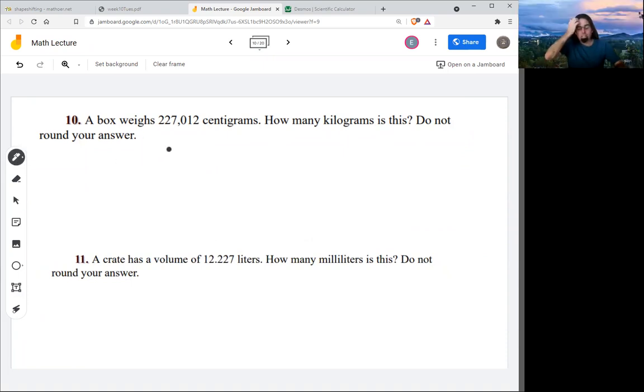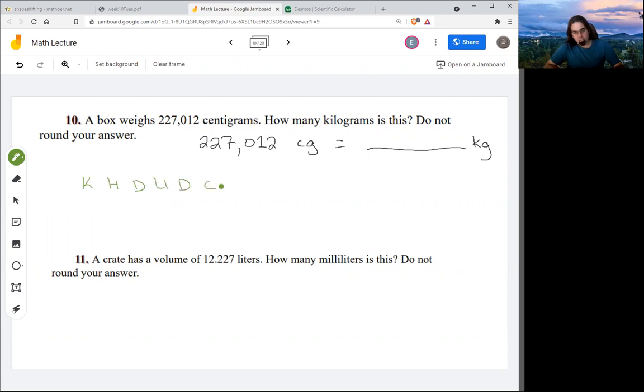Some people like writing it sort of like a fill in the blank. 227,012 centigrams is how many kilograms? It's kind of funny. So I make my list of letters. Killer hobos dance under dazzling crystal mobiles.